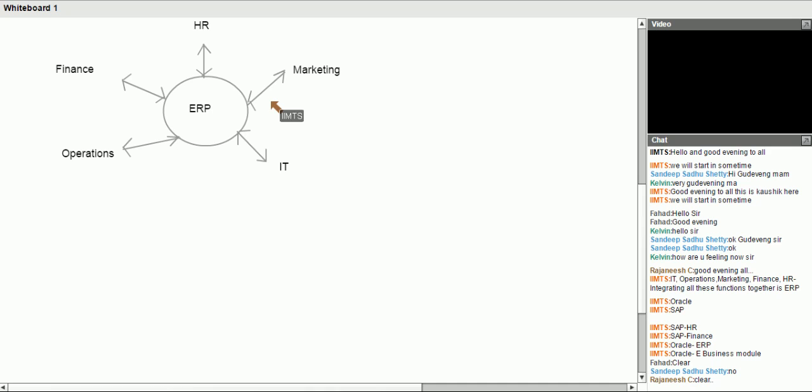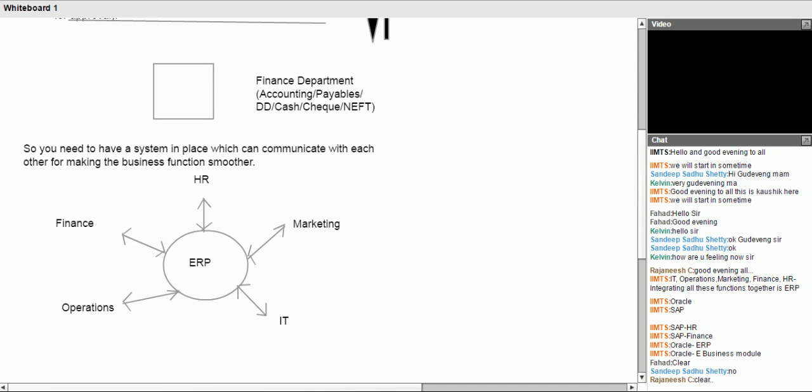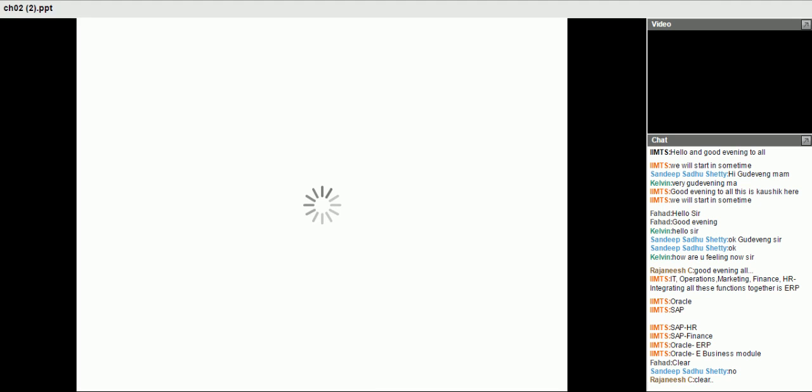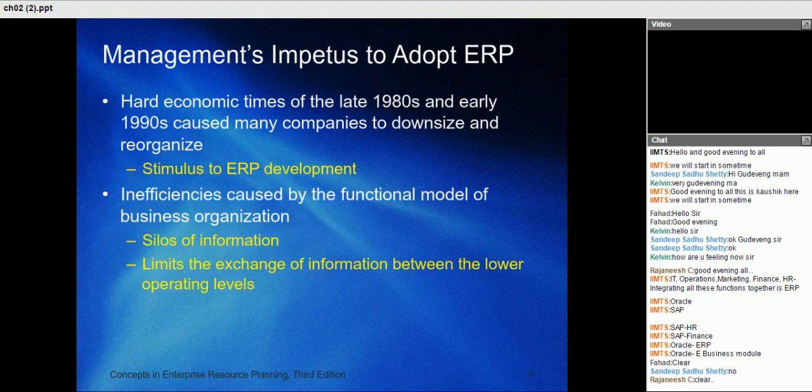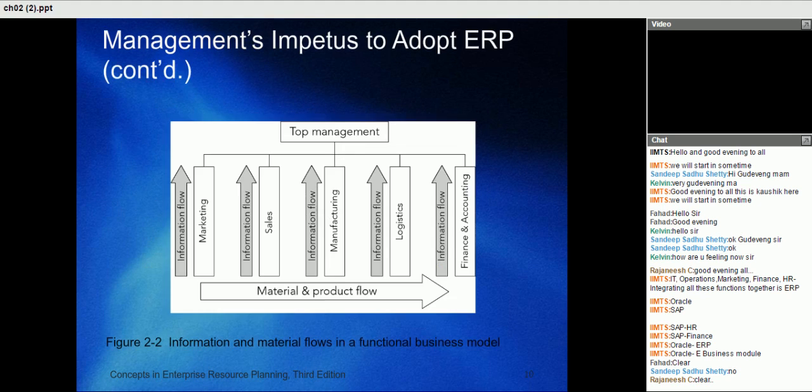Silos means lack of communication. So because of this the ERP concept has evolved, which integrates all the different business functions together, so that there is a smooth flow of data.